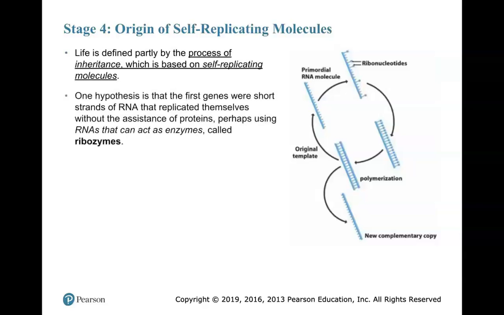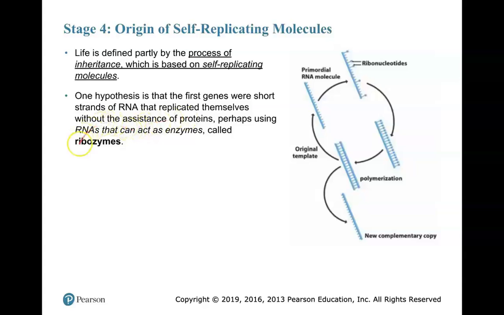So really, scientists have discovered a very simple way for life to replicate itself. We actually have this in humans, probably a leftover from early life: short strands of RNA that can replicate themselves quite efficiently. They don't really need any other beautiful proteins to help them with this self-replication process.